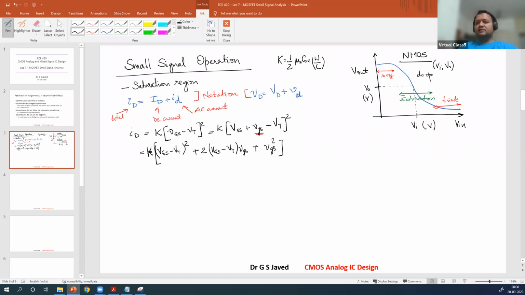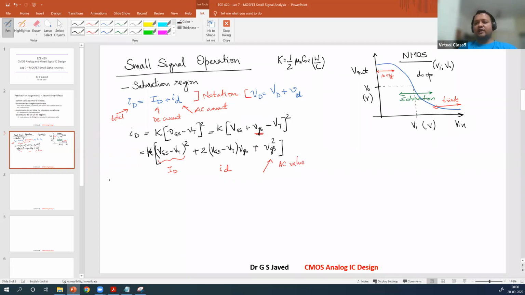Now what does this notify here? This factor is called I capital D. This factor is called small id. And what is this small vgs square? This vgs square is the AC value, right? It is a very, very small value. So what is this AC value?